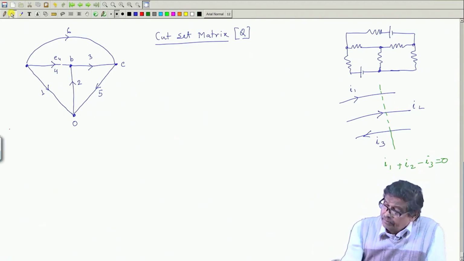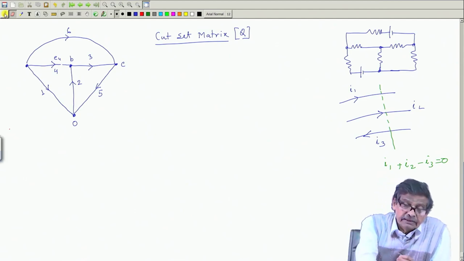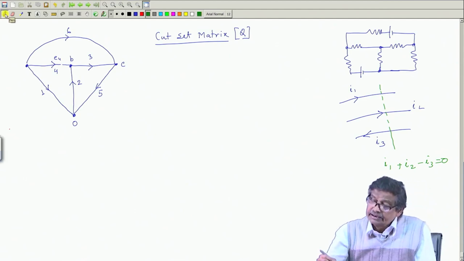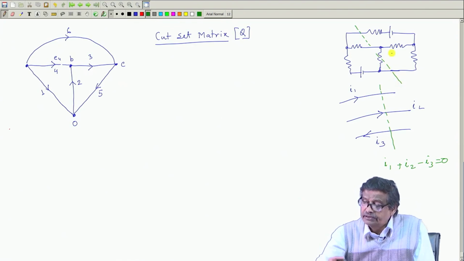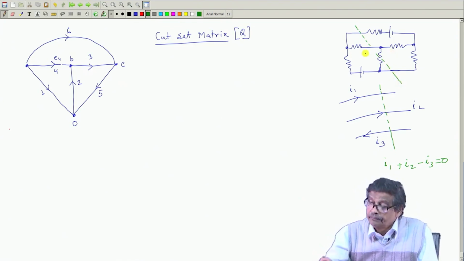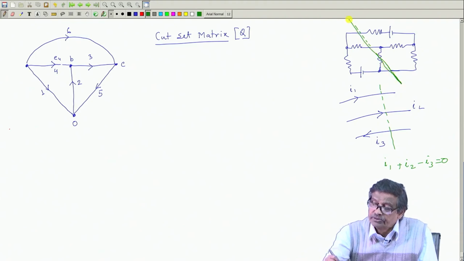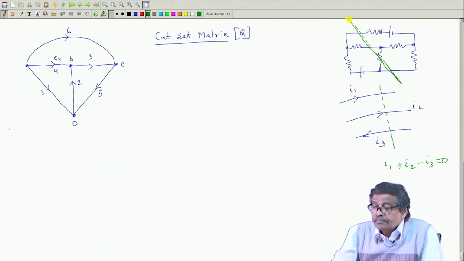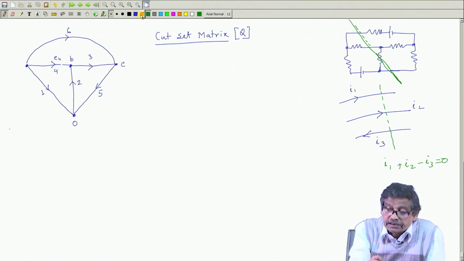What is the implication of this? The implication is very clear. Suppose in this network you draw a line like this, dividing the network into 2 halves by this green line. Listen carefully.